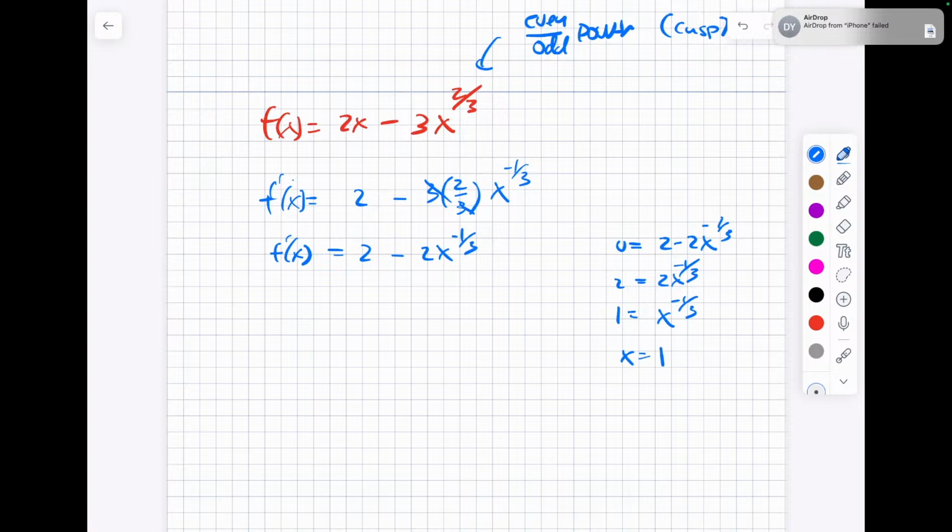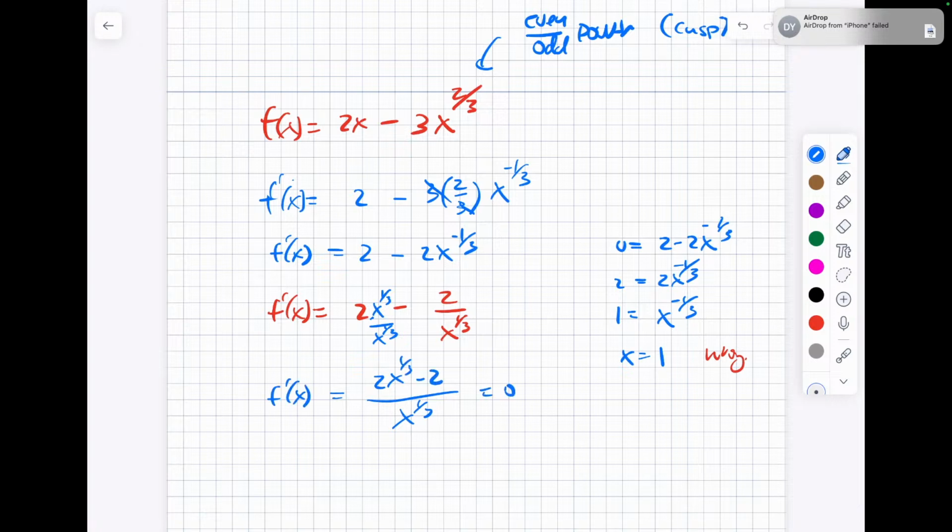But the problem is this is wrong, because this is f'(x) and you have to change it to a fraction, and if you have a fraction, you must combine the fraction. So multiply by x^(1/3) over x^(1/3). That gives x^(1/3) on the bottom and 2x^(1/3) - 2 on top for f'(x).